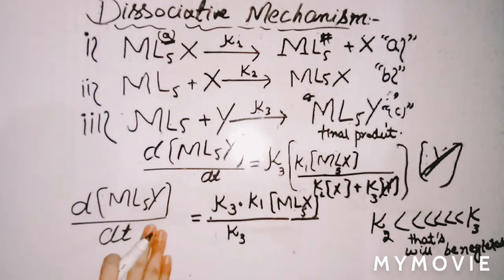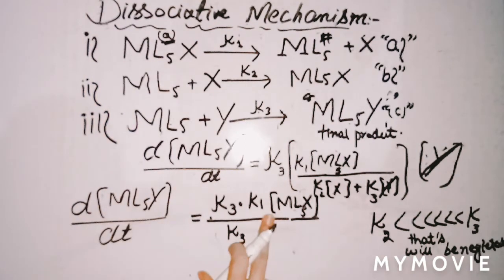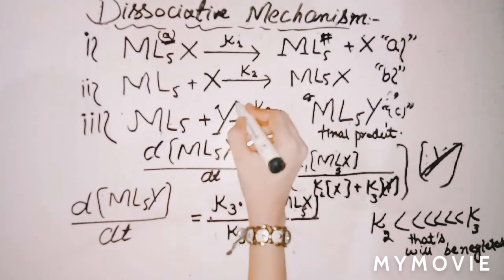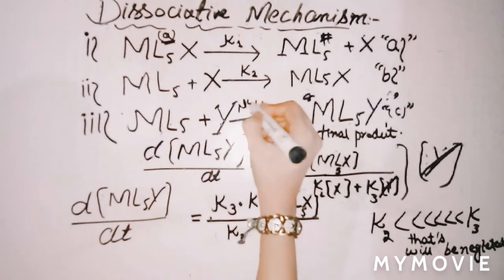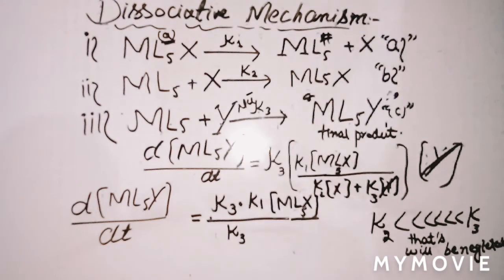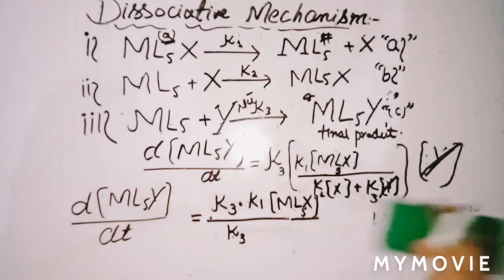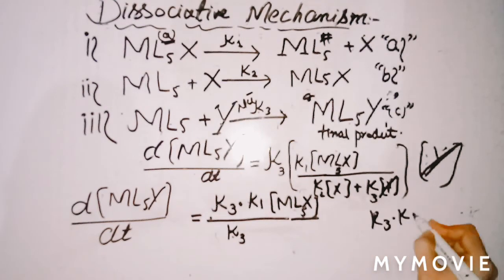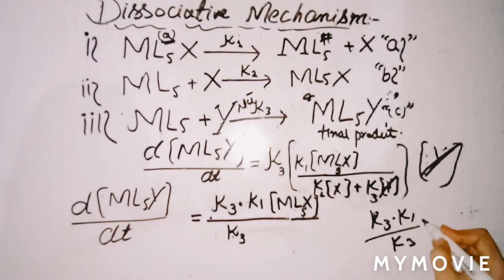So the rate of formation of the product depends upon only one reactant concentration, not the incoming nucleophile concentration. That is why it is a first order reaction. K1, K2 and K3 together form a constant, K1 K2 over K3, which will be equal to a constant K prime.